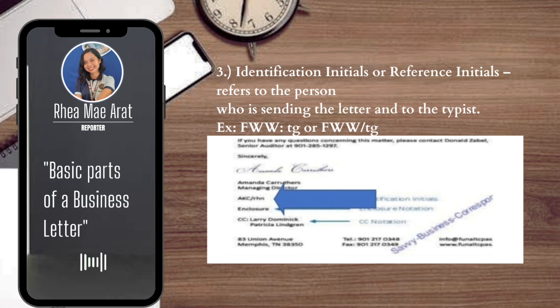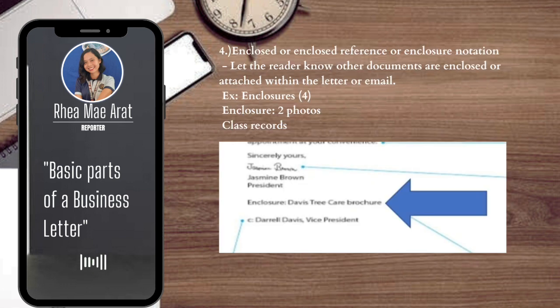Next, we have the enclosed reference or enclosure notation. An enclosure notation lets the reader know other documents are enclosed or attached within the letter or email. It indicates that the envelope contains one or more documents in addition to the letter or attached to the letter.